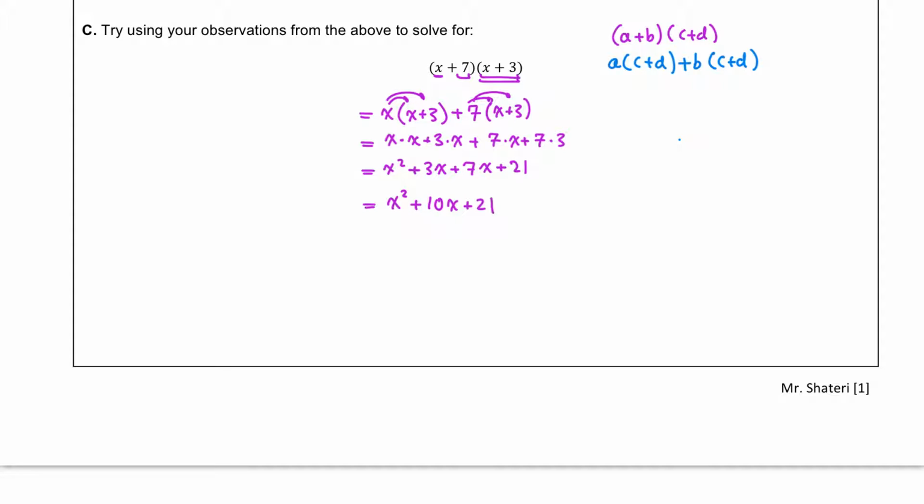Before we move on, I'm going to do one other example to give you a good idea about how this works. So 3x minus 2, and let's do 2x minus 3. Let's put a little bit of negatives in there so that you folks will become comfortable with those as well.